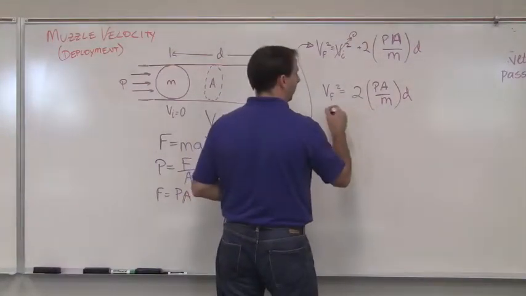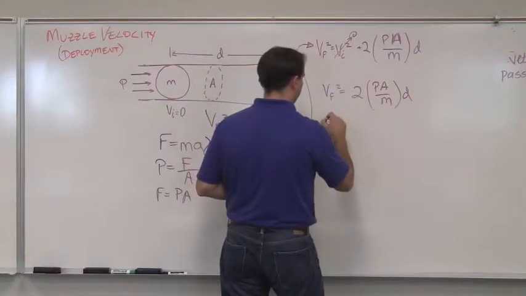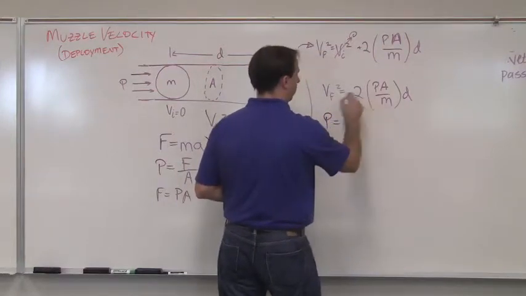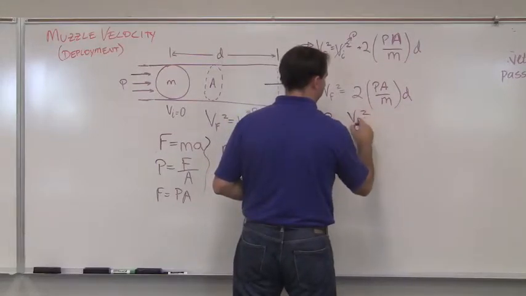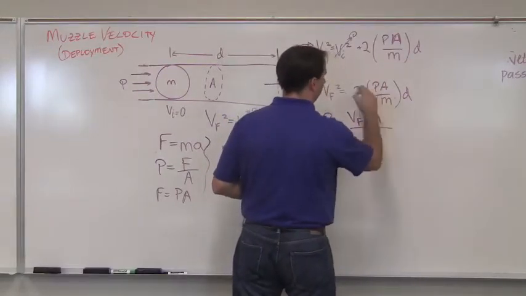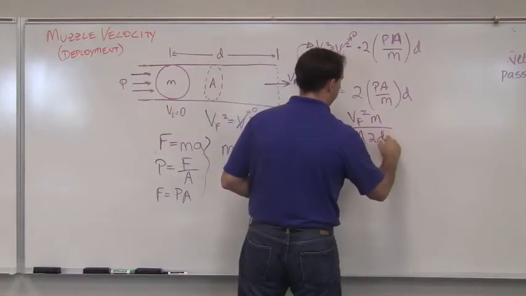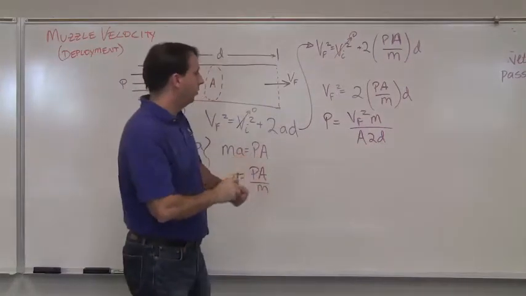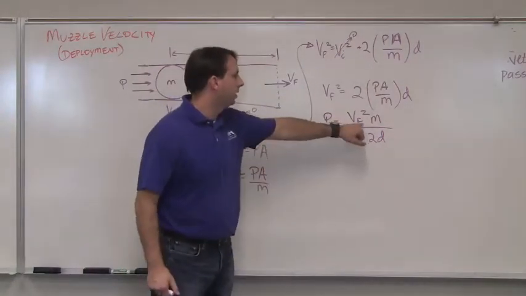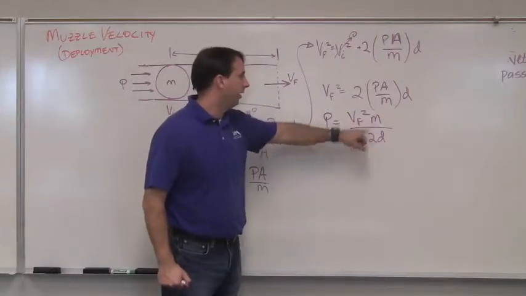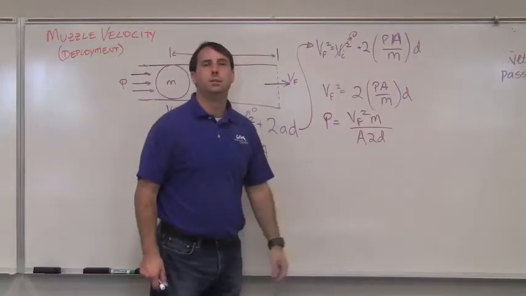So you'll have pressure equals, take the 2 on the bottom, the D on the bottom, V final squared times M, the A on the bottom, the 2, and the D. Is that right? So if you want to solve for pressure, you just algebraically manipulate it. I know pressure is V final squared times the mass divided by the area divided by 2 divided by the distance it travels.